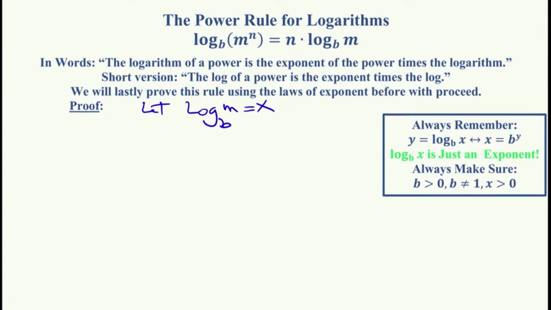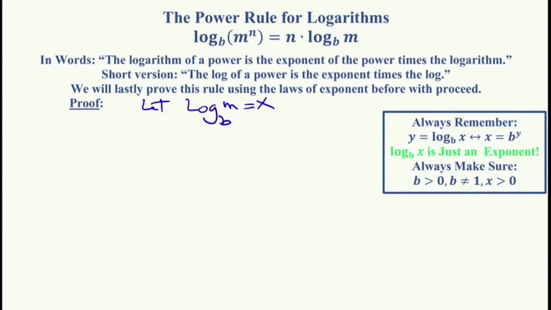All right, so now we write this in exponential form. So we get m equals b to the x. Notice this time we want to know what m to the n is. So we're going to raise both sides to the power of n, and we get this like so.